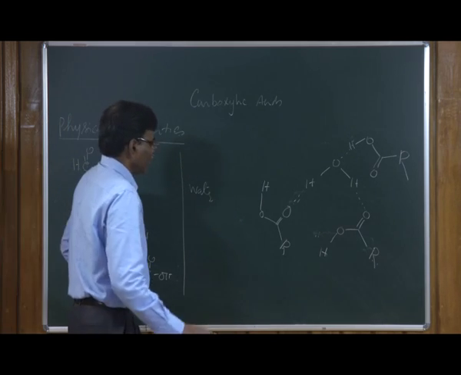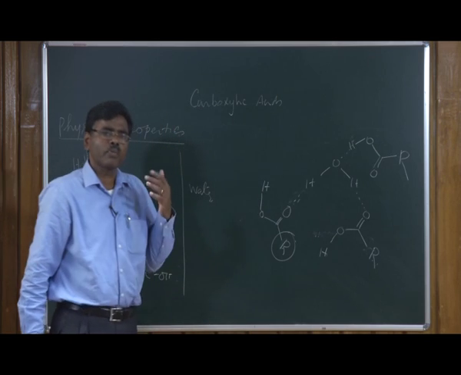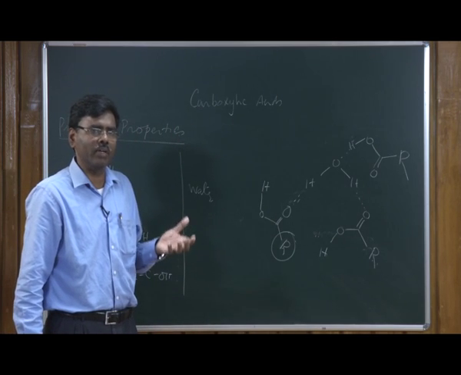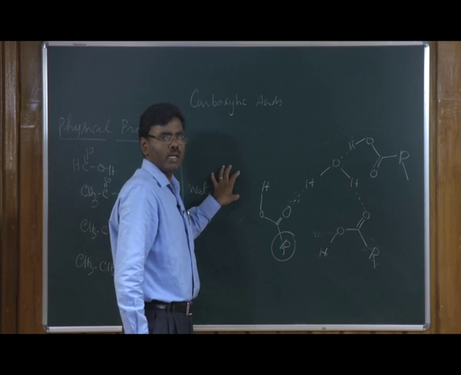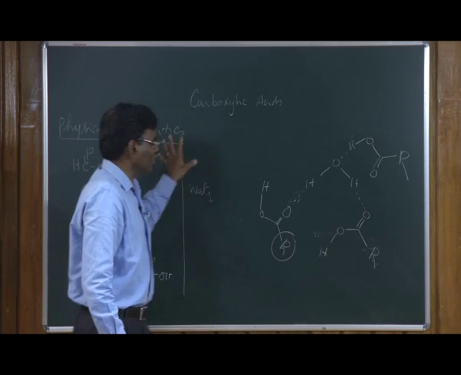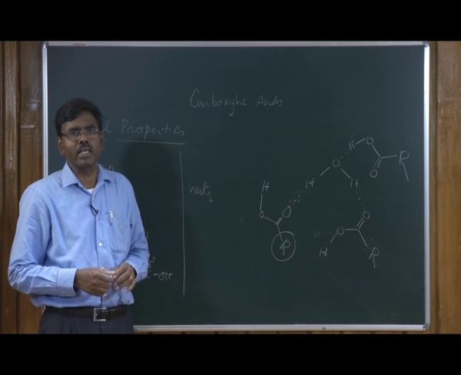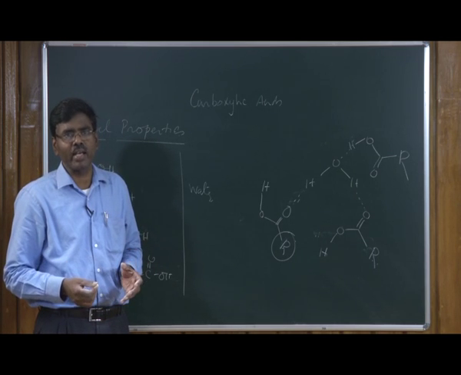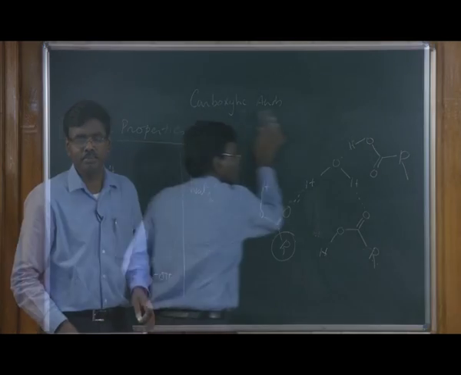However, when you increase the size of this alkyl group, when you go for C5 or C7, 8, 9, 10, they are more hydrophobic in nature, and they are insoluble in water. And this is about the aliphatic carboxylic acids. When you talk about aromatic carboxylic acids, whether benzoic acid or naphthoic acid, they are insoluble in water.